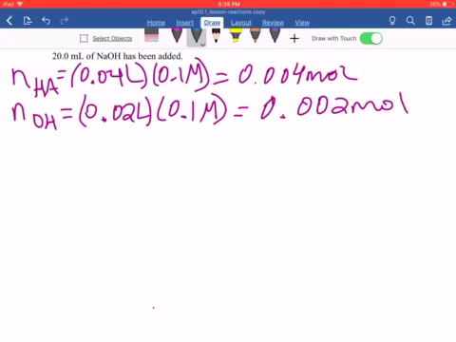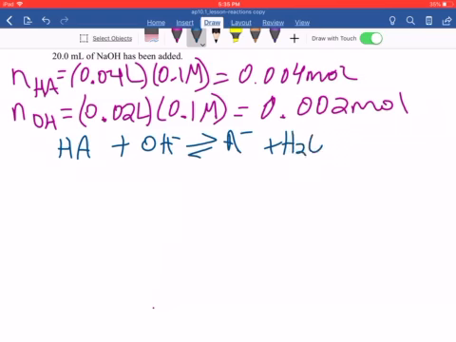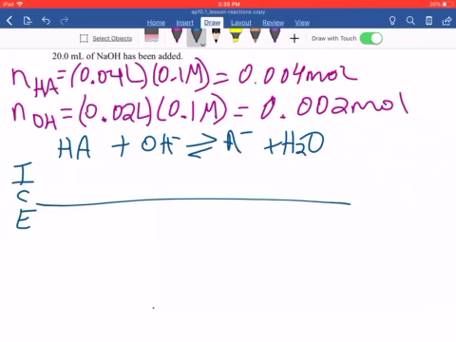All right, the next step is to set up our ice table. We have acetic acid plus hydroxide, and then acetate plus water. We're plugging in moles, so we need to make sure we divide by the total liters at the end in order to get concentration.